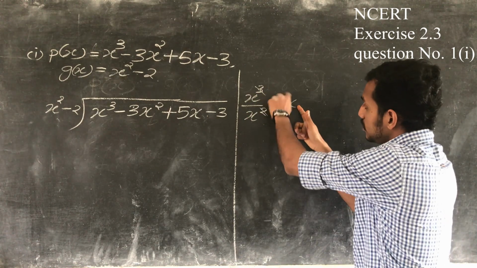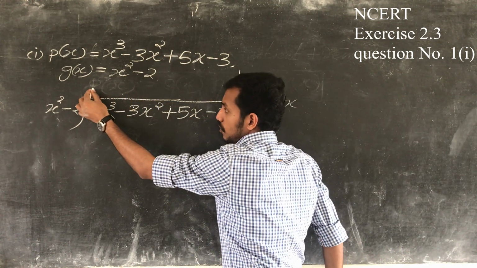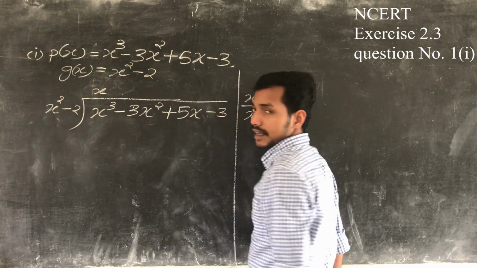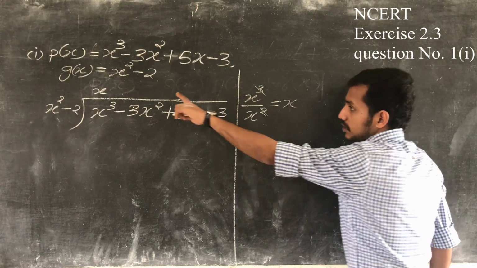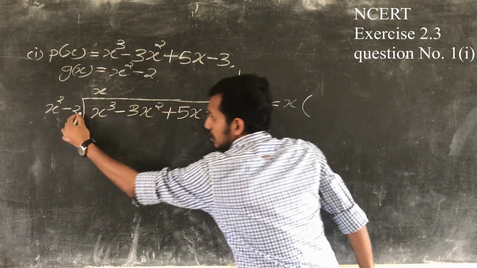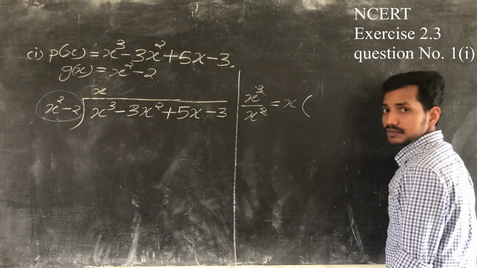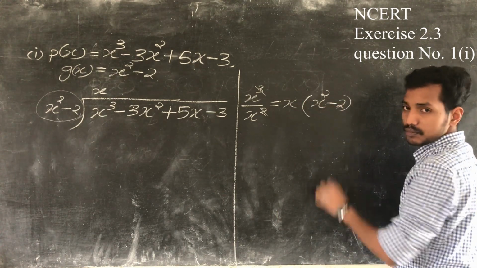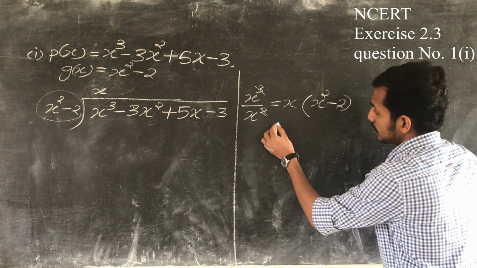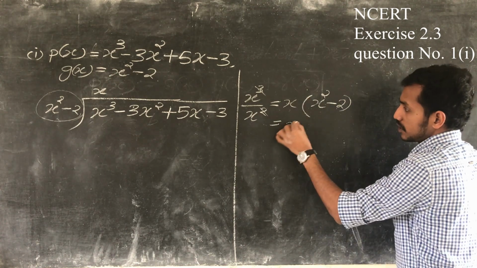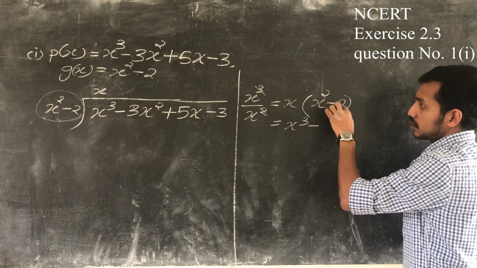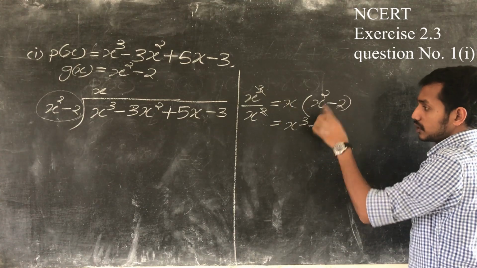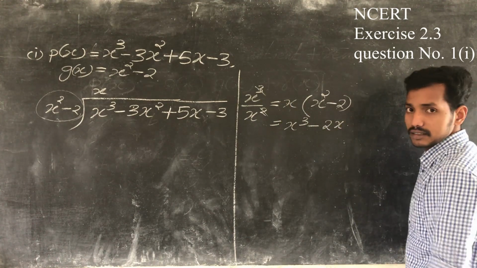x square is cancelled and there will be 1x. Okay? Put this x as the first term of quotient and multiply this x with g of x. x into x square minus 2, we will get x into x square is x cube minus 2, x into minus 2 will be minus 2x.